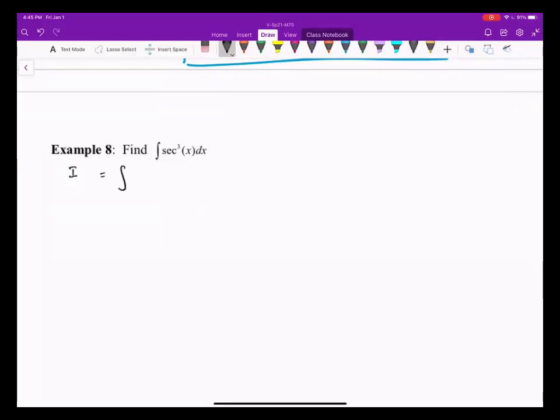We know one thing for sure: the derivative of tan x is secant square x. So we will write secant cube as secant x times secant square x dx. We'll write it like this, then we will apply integration by parts. So u equal to secant x, and then we will take dv equal to secant square x dx.